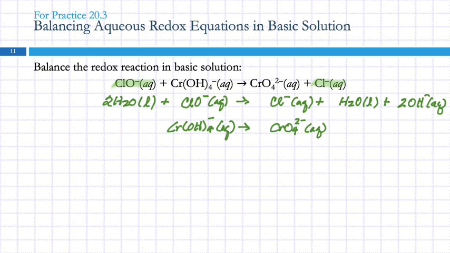It is still balanced for mass. I have 4 hydrogens here, and I have 4 hydrogens there. I have 1 oxygen, 2 oxygens, and wait a minute, I have 2 and 1 is 3, and then I have 3 over there. It's still balanced for mass.